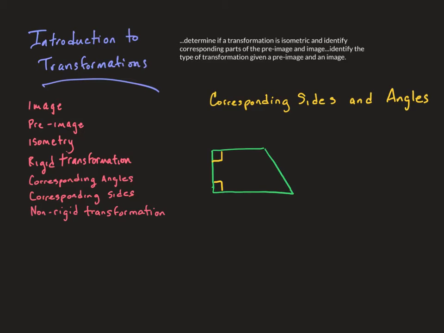And then I have another image of a trapezoid, not a very pretty trapezoid, but it also has a 90-degree angle. So I have this other image, and they both have those 90-degree angles.